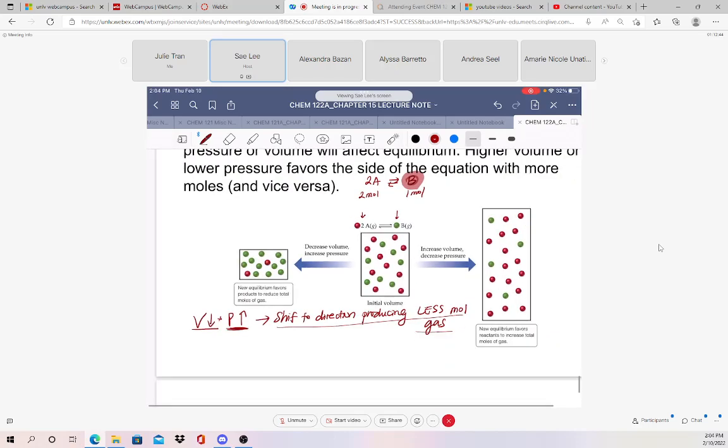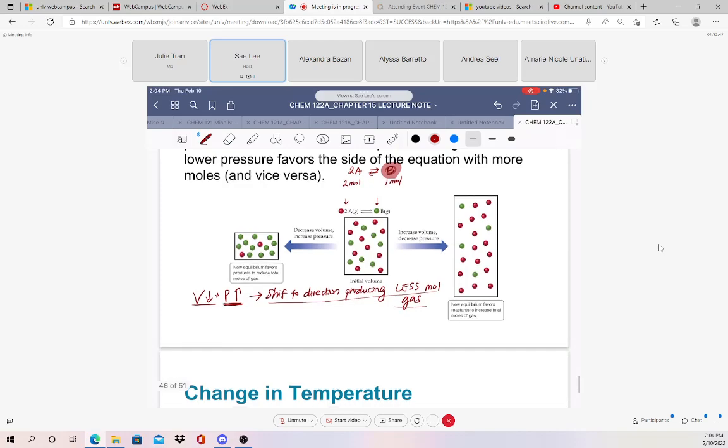So in this situation, if your pressure is increased, the reaction is going to get shifted to the right, because the system would want to produce less mole of gas.